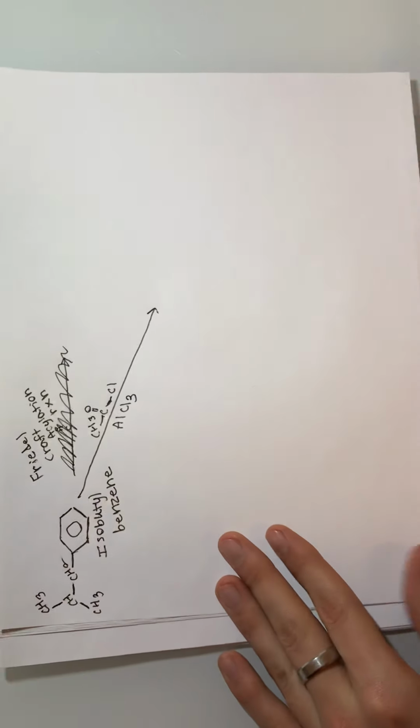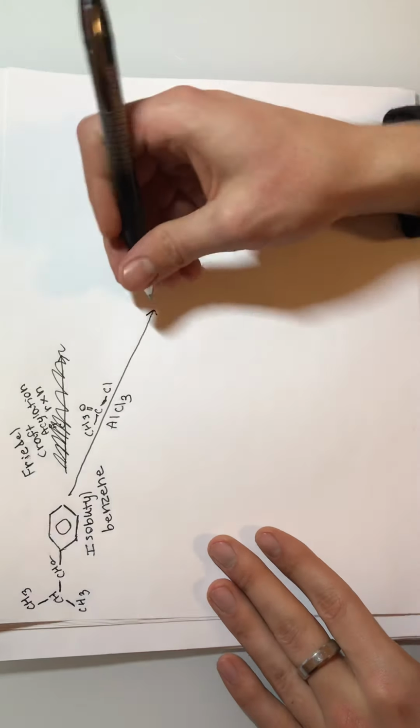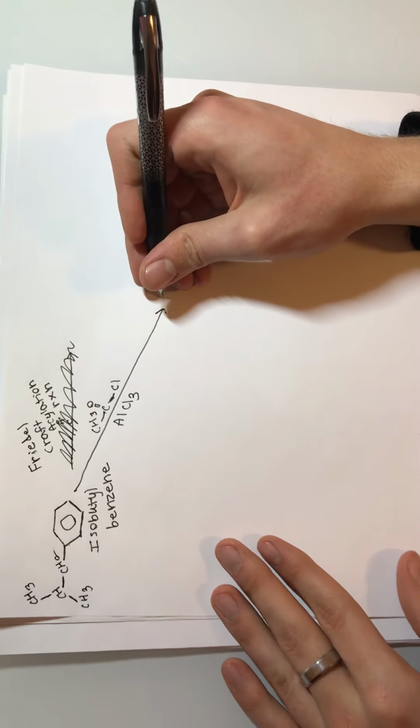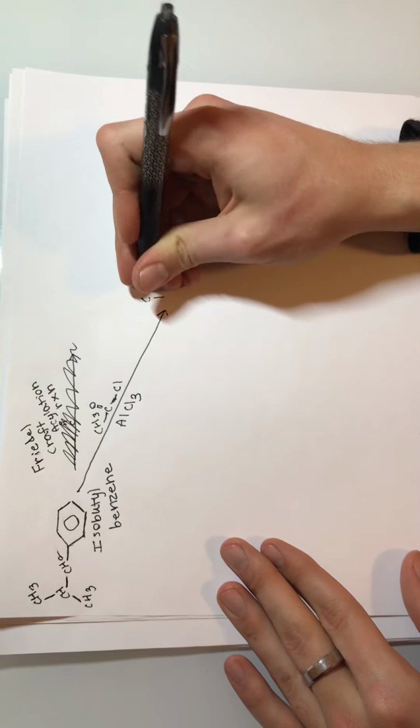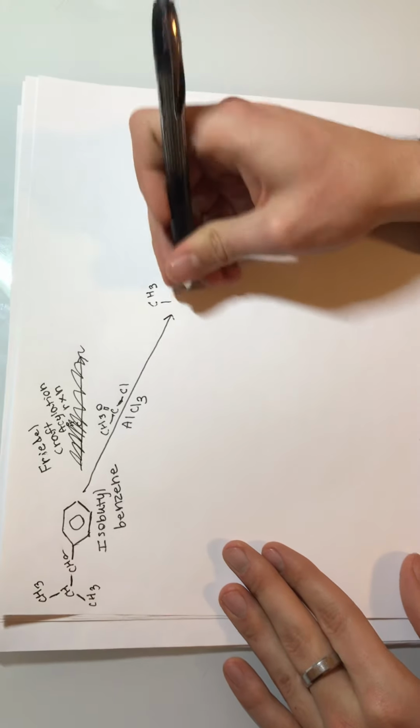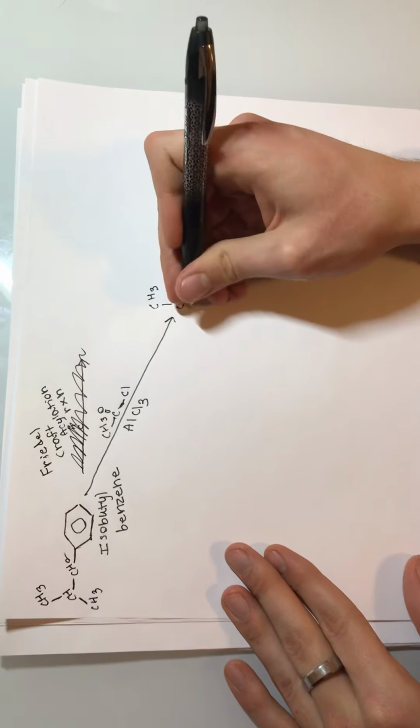So I've already explained how this reaction occurs, so I'm not going to explain it again. But if you need to go back and rewind, you absolutely can. But basically, you're going to be left with the following.